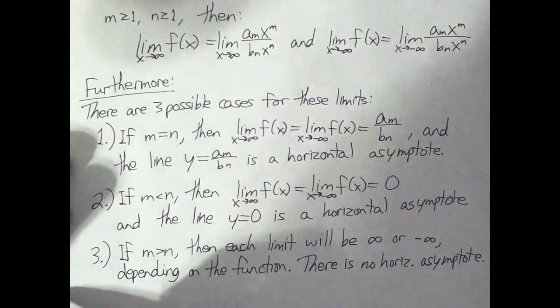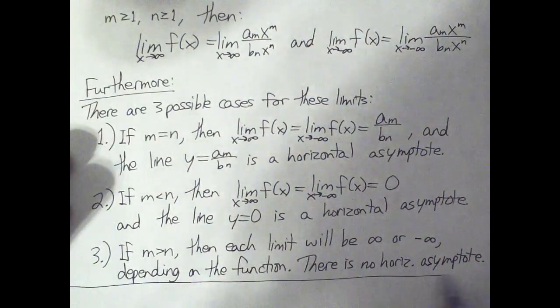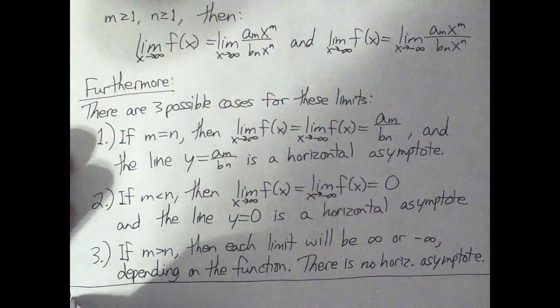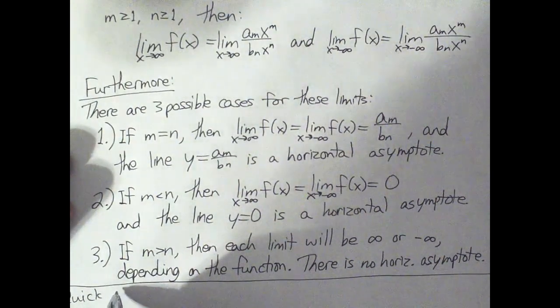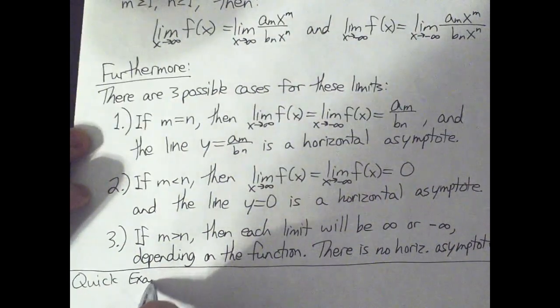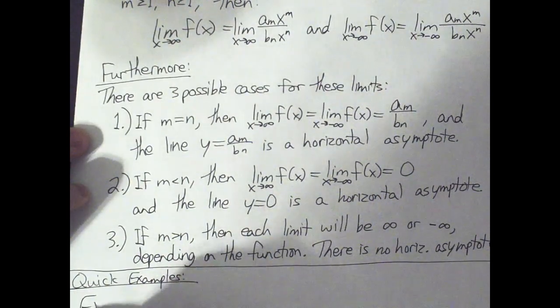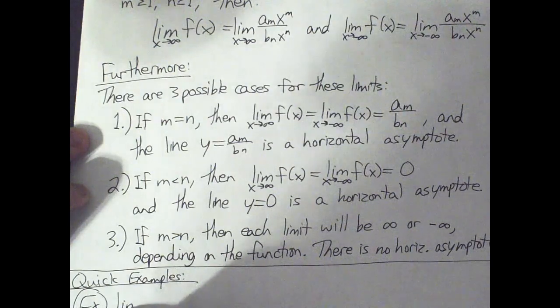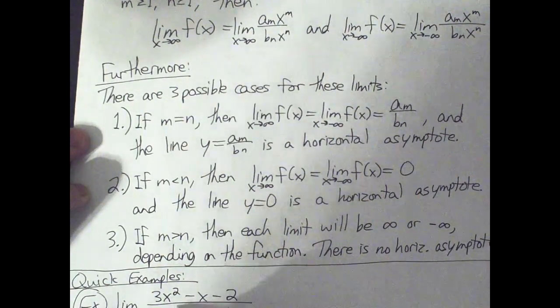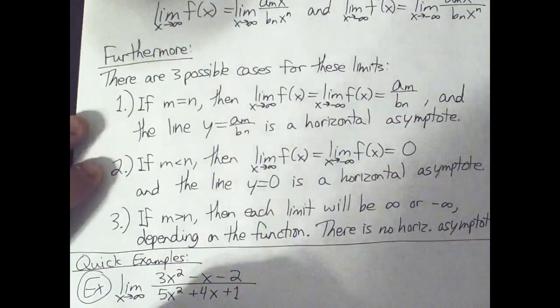Okay, how about some quick examples? Let's do some quick examples here of using this theorem. Let's say we want the limit as x goes to infinity of 3x squared minus x minus 2. I'm going to show you how fast it is to answer these, but I'm going to write 3 of them. So let me write all 3. There's 1.